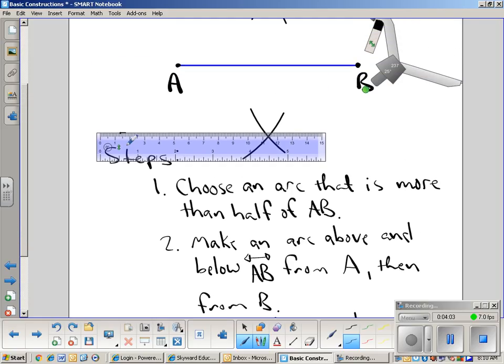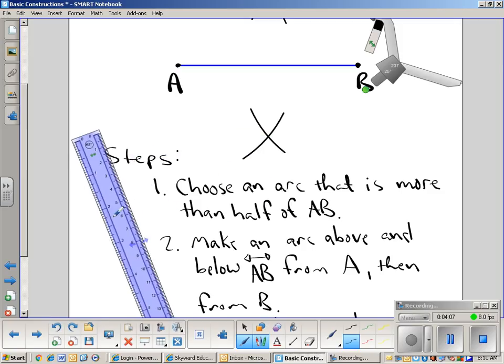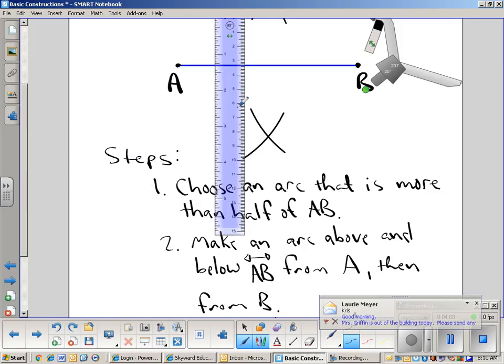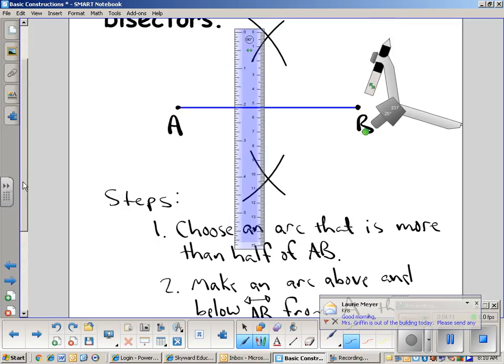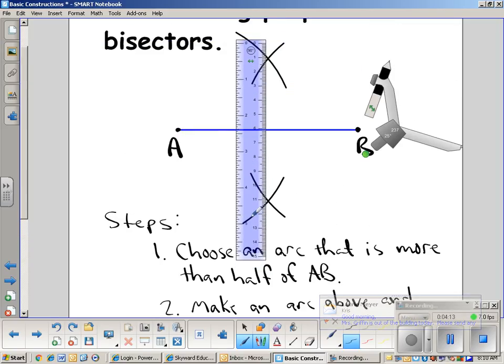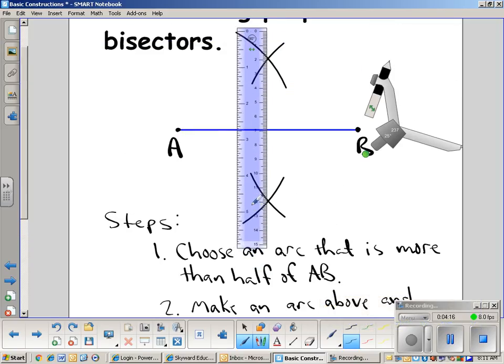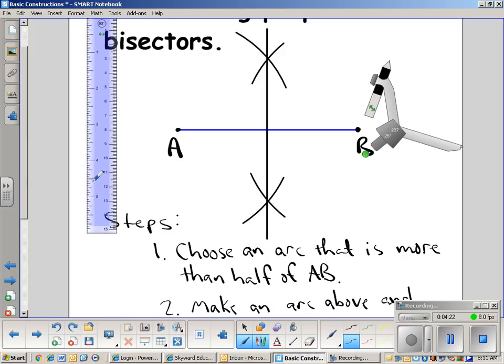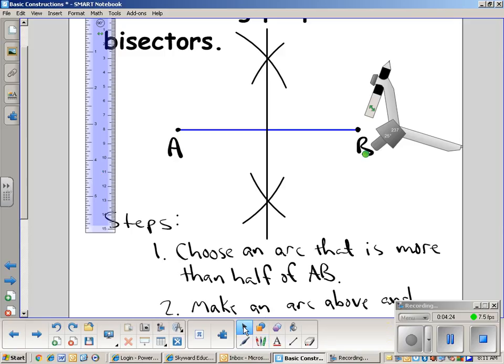So draw a line through the two intersections. Ruler. And on my line. Looks like I didn't quite have my ruler in the right place.